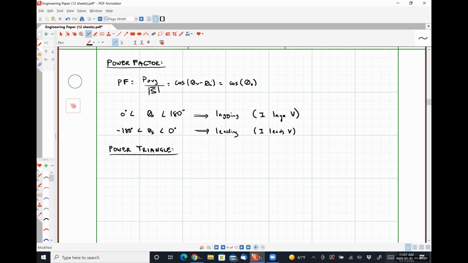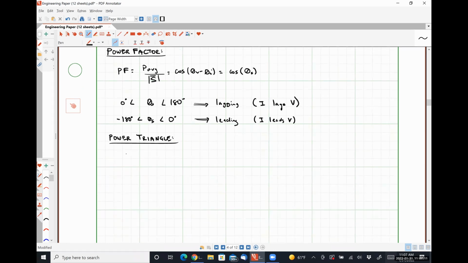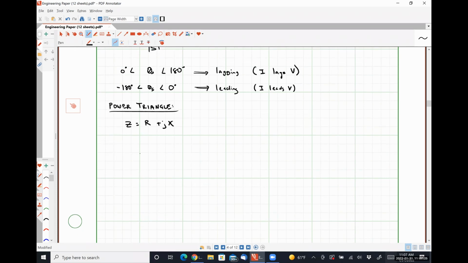For a generic load, Z is equal to R plus JX. And let's assume the resistance and reactance of this load are positive for now. The complex power absorbed by this load would look something like this.